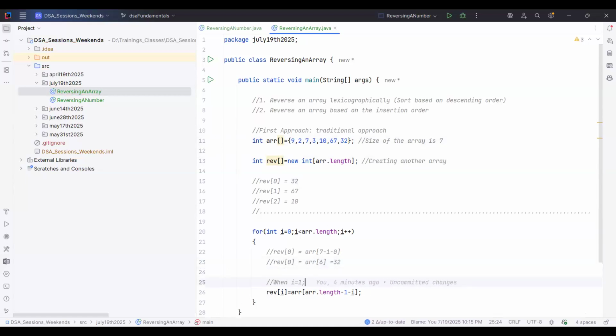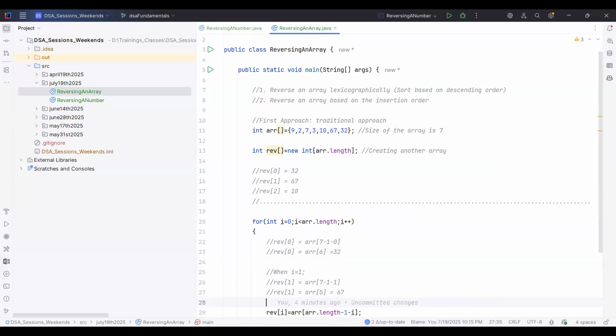Now what will happen when i equal to 1? I will say ref of 1 equal to arr of 7 minus 1 minus 1. So what will be the answer? arr of 5. What is the value? 67. Clear?